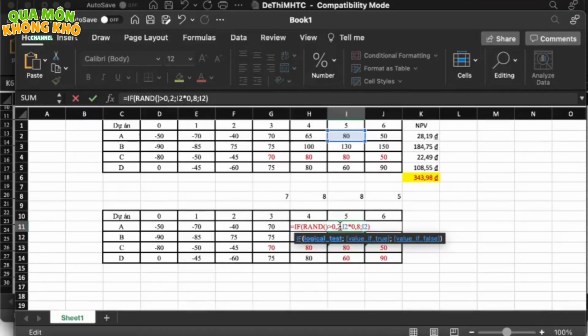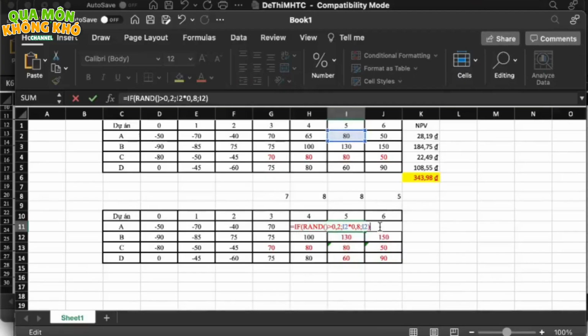Then you have the cash flow reduced 20%: you take it and multiply by 0.8, and if not, you just keep the cash flow.